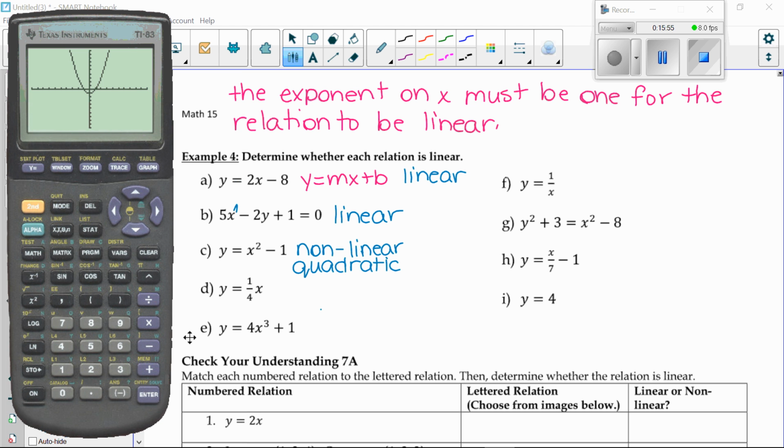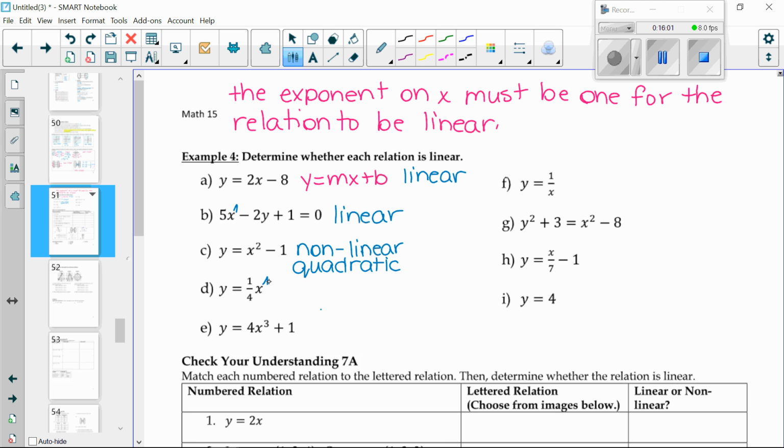Now, looking at this one, I've got y equals 1 over 4x. The exponent on this one is 1. Therefore, this is linear. Look at e, y equals 4x to the power of 3 plus 1. Well, the exponent on the x is 3, so it is non-linear.